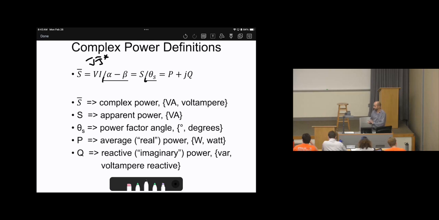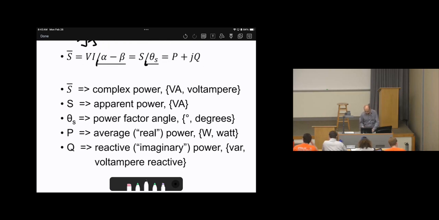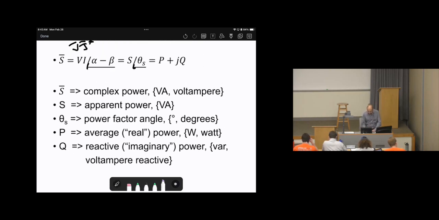Whenever we do the complex power, the unit that we use is VA, volt ampere. Watts is only the unit of the real part, the real power. Then S is called apparent power, and the unit is volt ampere again. Don't say watts, say volt ampere.